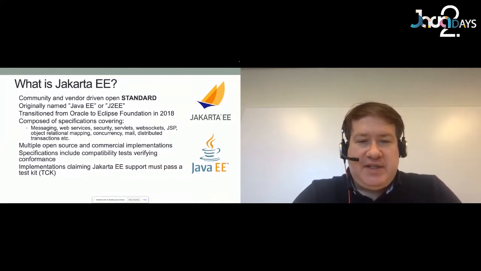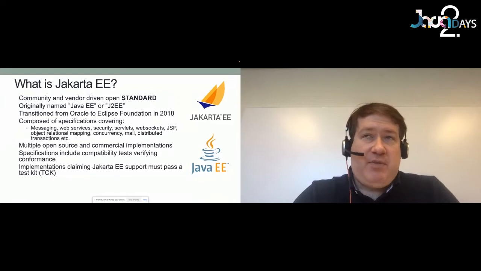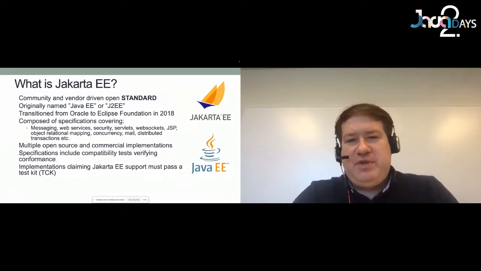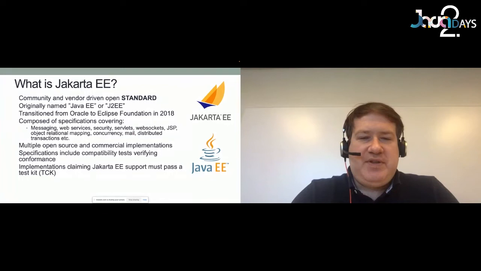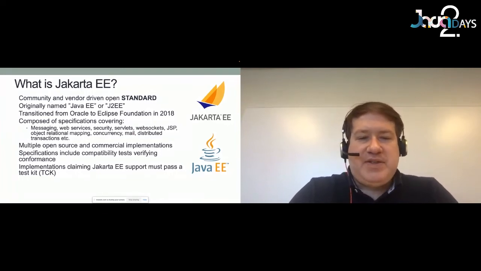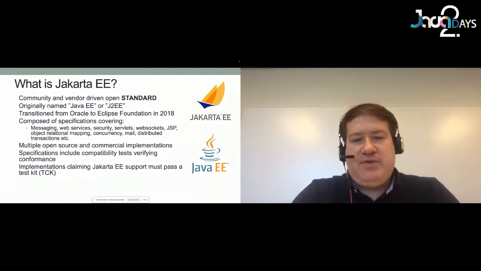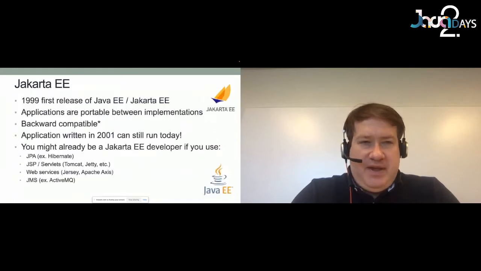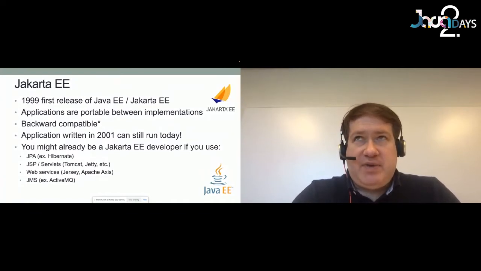Specifications include test compatibility kits verifying conformance to the standards, so that if you move between different implementations, you have confidence knowing that your code, if it ran on one implementation, will run on another. All implementations must pass a TCK in order to claim adherence to the standards. Jakarta EE, or Java EE, was first released back in 1999, so it's been around for about 23 years now.